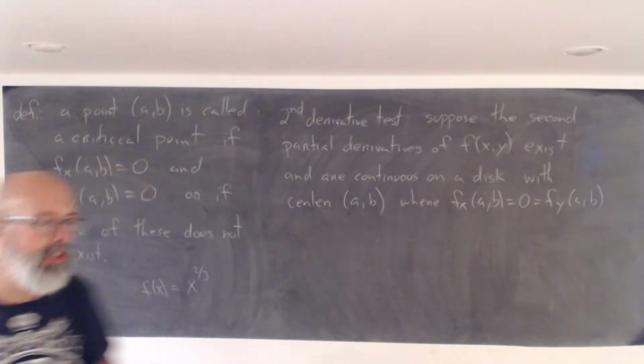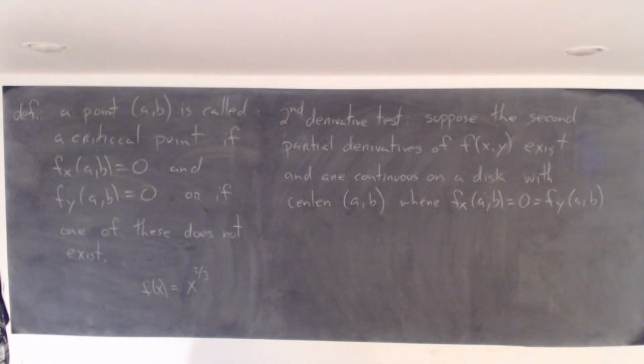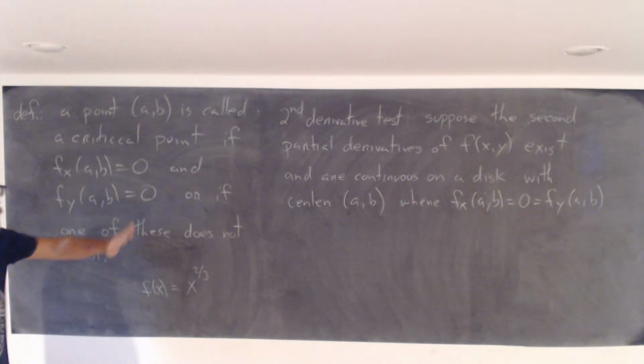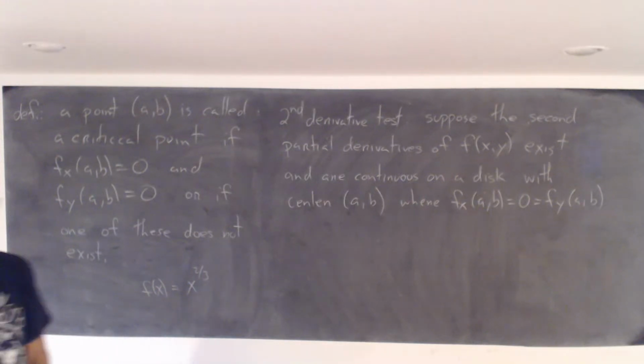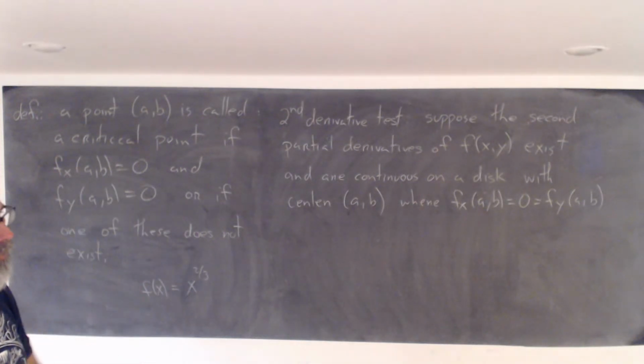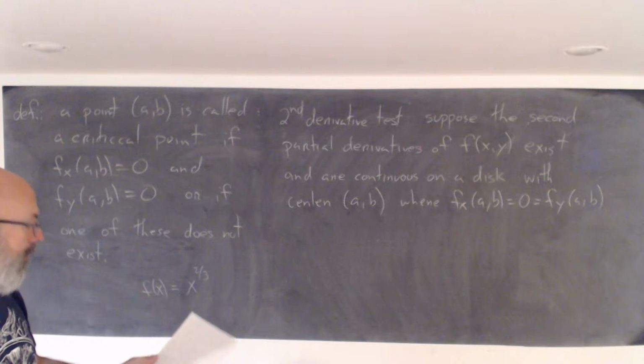So it makes the statement slightly more concise. But here we want the partial derivatives just to be 0, so not the second part. So we could not say critical point here. If we had used the other definition, though, then exactly that.